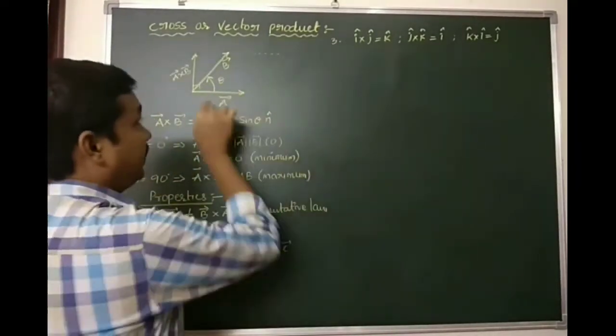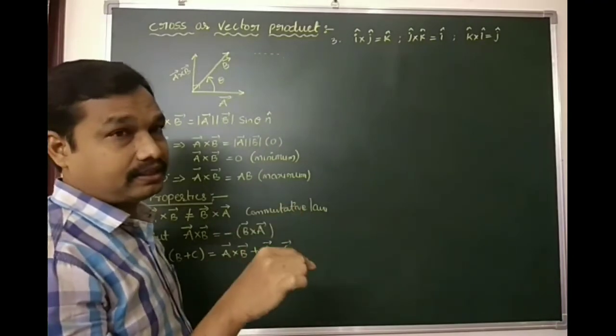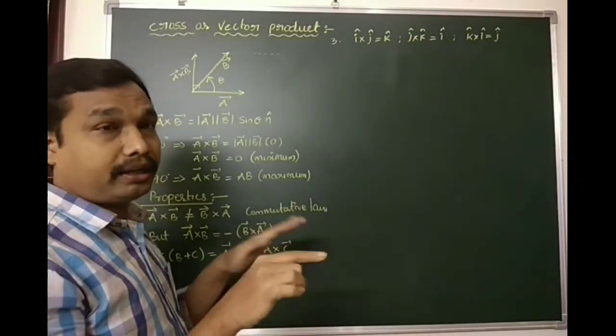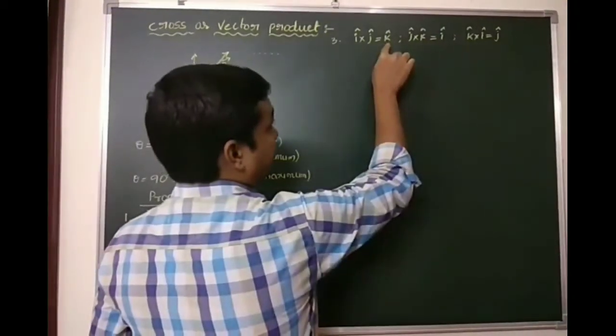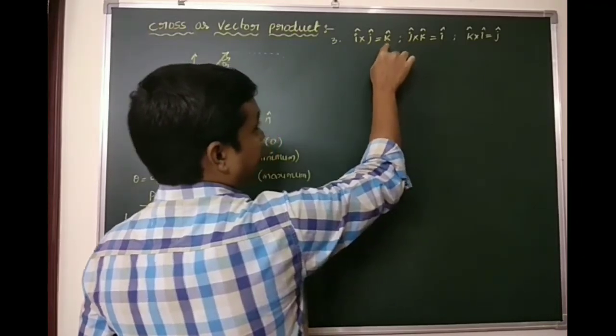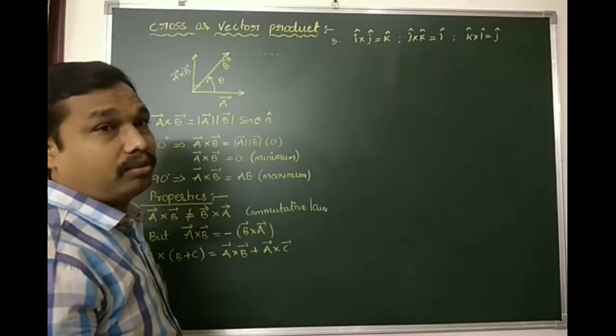I is along the x-axis, J is along the y-axis, and the third vector is perpendicular to the plane, so the resultant is in the direction of the z-axis. The z-axis represents the unit vector K cap, so the resultant vector is along the positive z-axis.